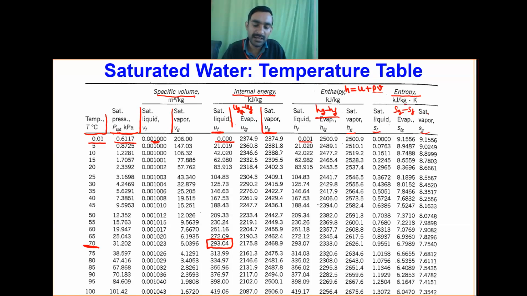This particular value, 293.04 kilojoule per kg, is my internal energy corresponding to this saturated liquid state at 70 degree Celsius.